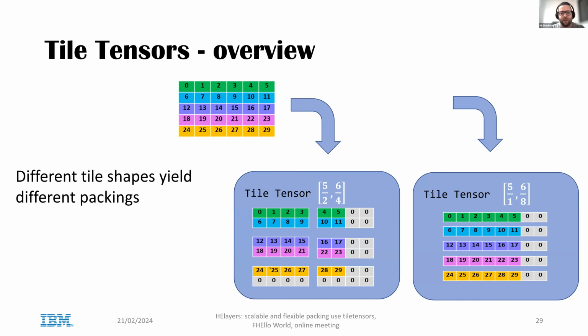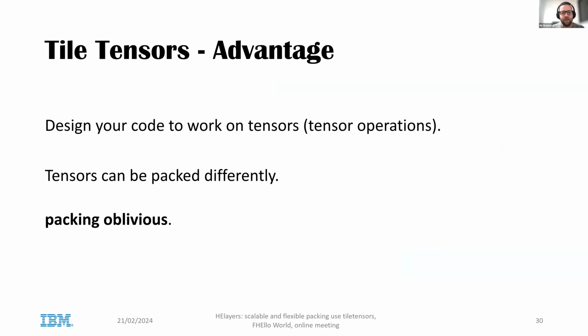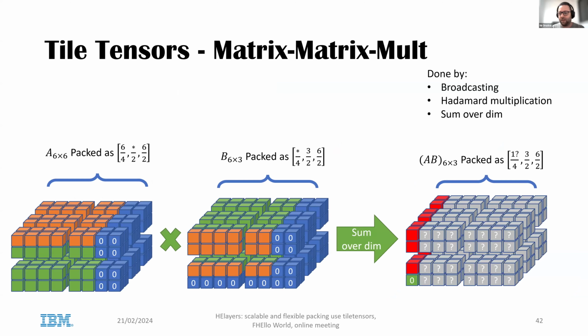And this is what our SDK is providing: the ability to work with high-level or high-dimensional tensors in a really easy way. The user doesn't really need to know what the packing is; they just need to use the packing once they get it.